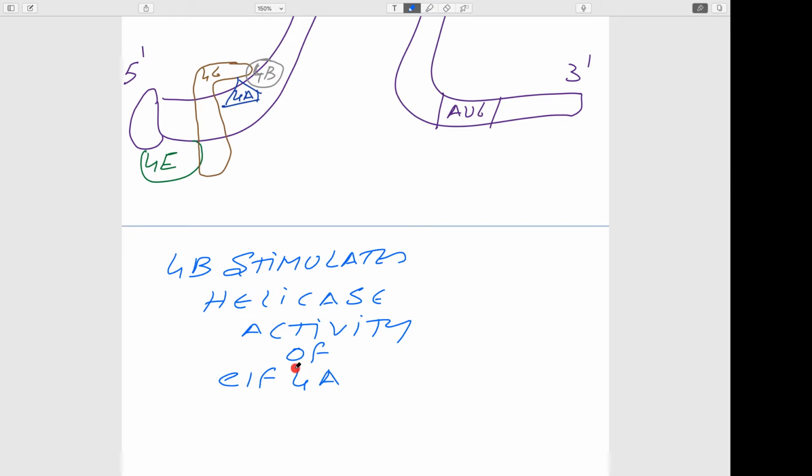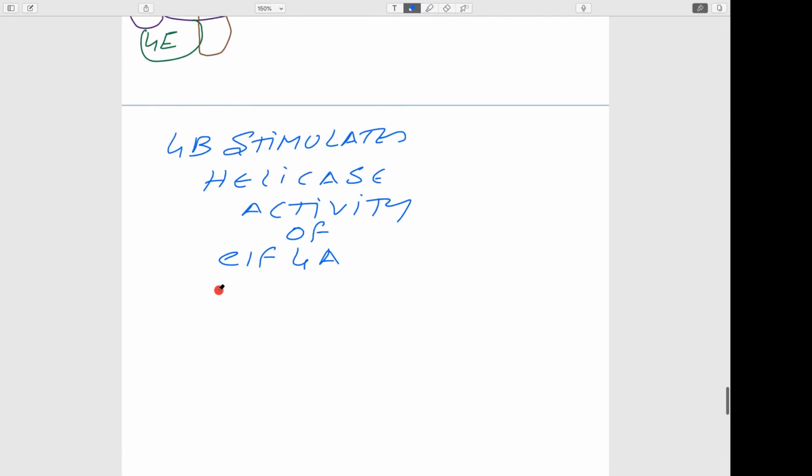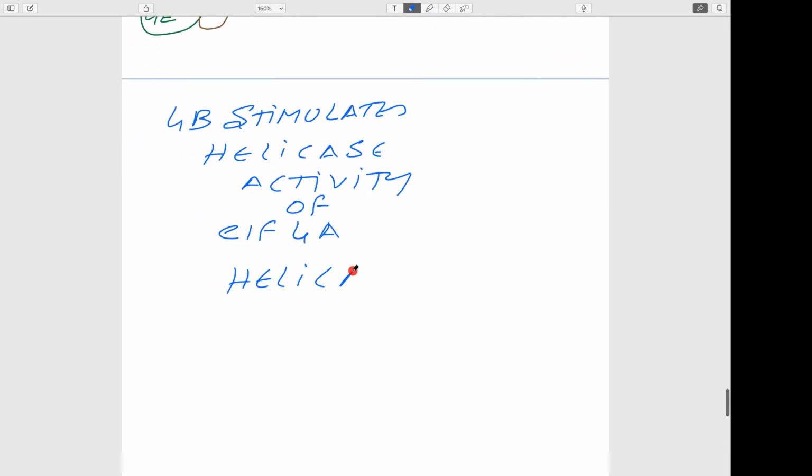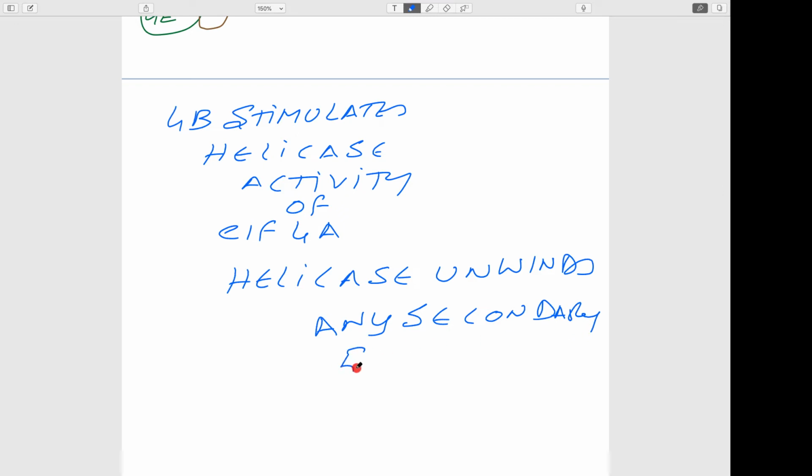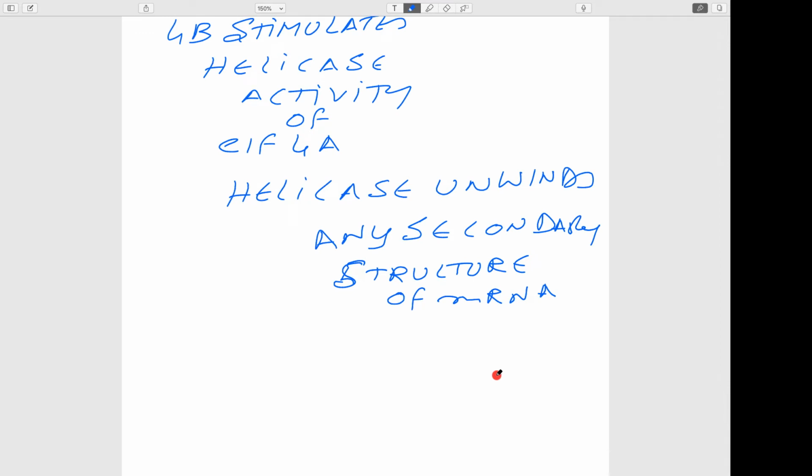Once the factor activates helicase activity, the helicase unwinds any secondary structure present in the messenger RNA. Helicase unwinds any secondary structure of messenger RNA.